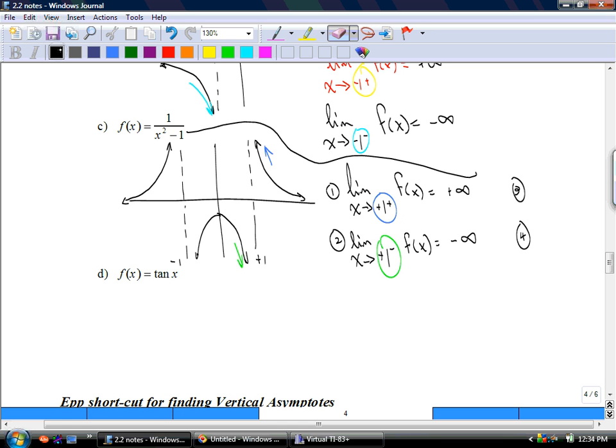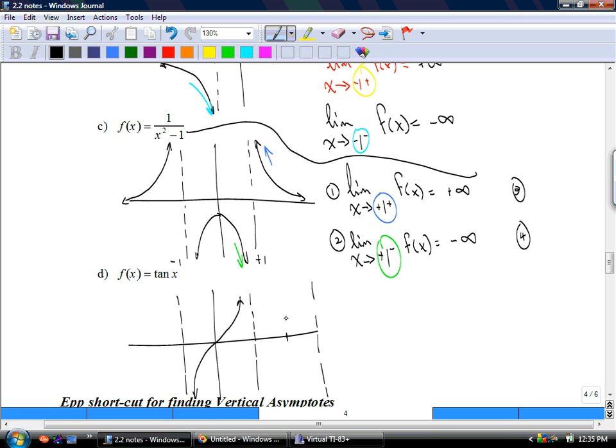Okay, y equals tan x. How many asymptotes does this graph have? Infinite. So do you want to write them all down? Okay, let's just do one of them. Do you want to do positive pi over 2 or negative pi over 2?